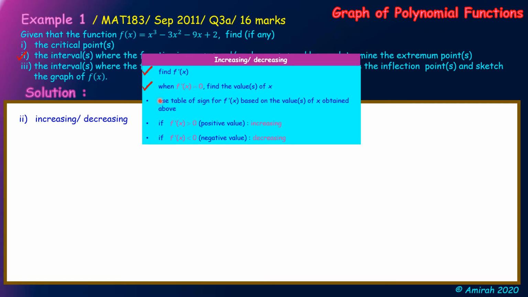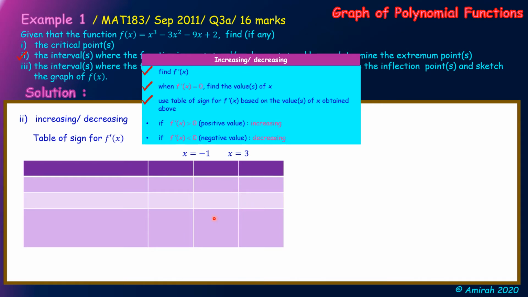We also did this step when we found the critical points. So now we continue with a table of sign for f'(x) based on the values of x obtained above. Here is the table.